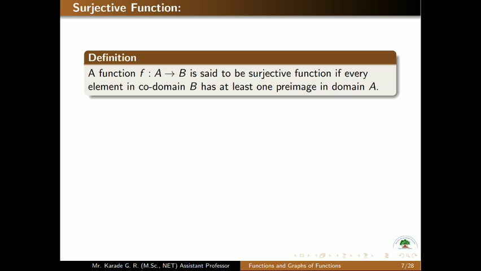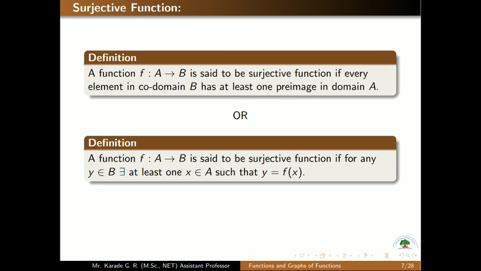Surjective function. A function f from A to B is said to be surjective function if every element in codomain B has at least one preimage in domain A. In this case, we say that function f is surjective function.